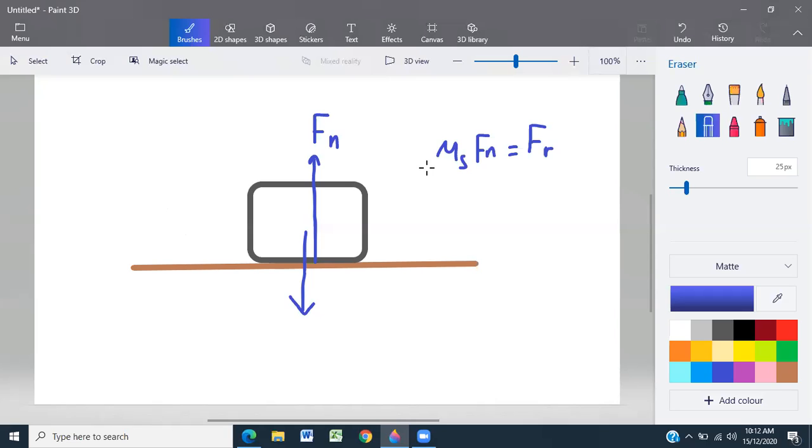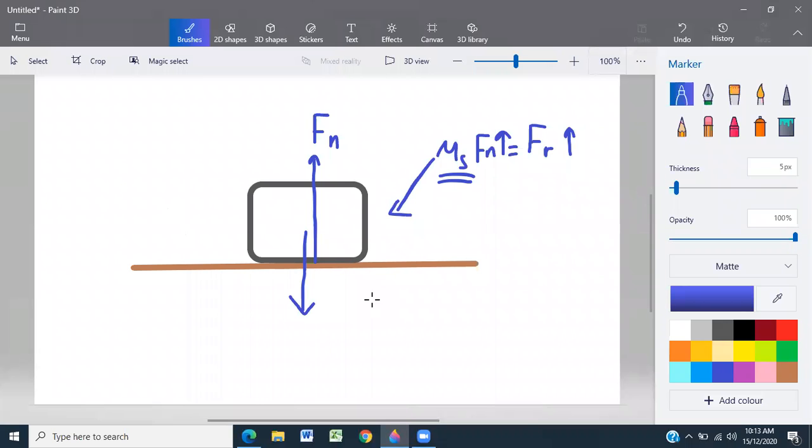This here is a constant. What we find is that as weight increases, as weight goes up, the frictional force goes up based on whatever that coefficient is. And this coefficient, of course, varies with the materials. Something like a smooth, polished wood surface is very different from a concrete surface. It's more rough.